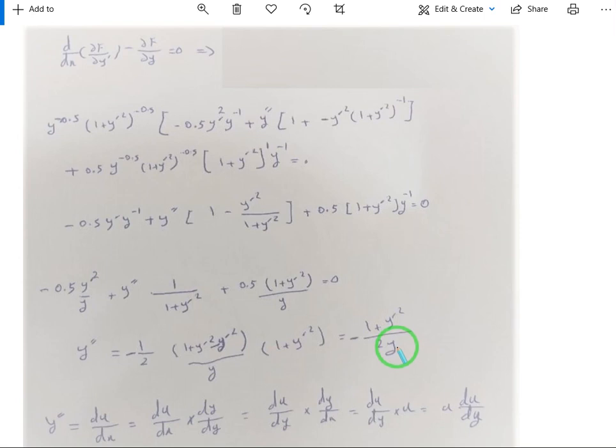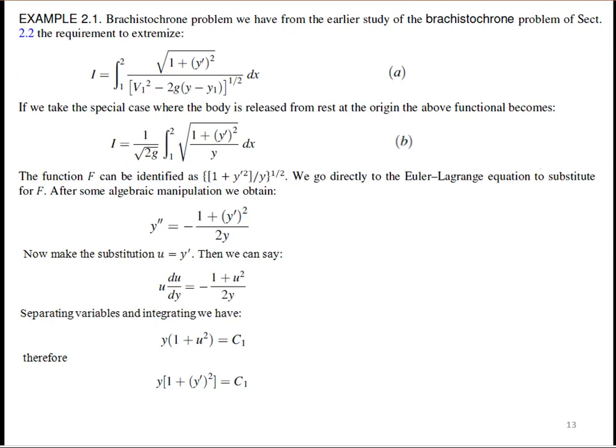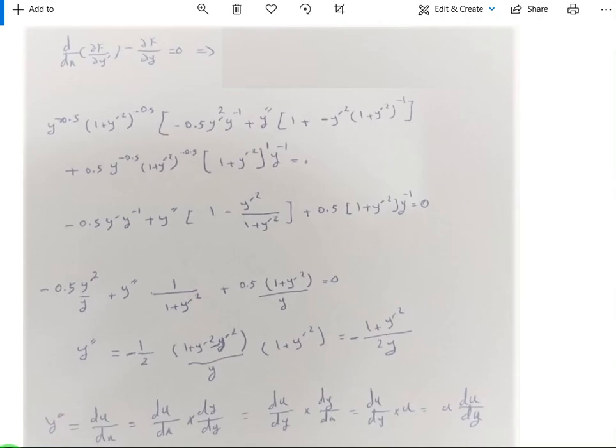This is the formulation we have found in our problem, and to solve this problem we need to do some simplifications.